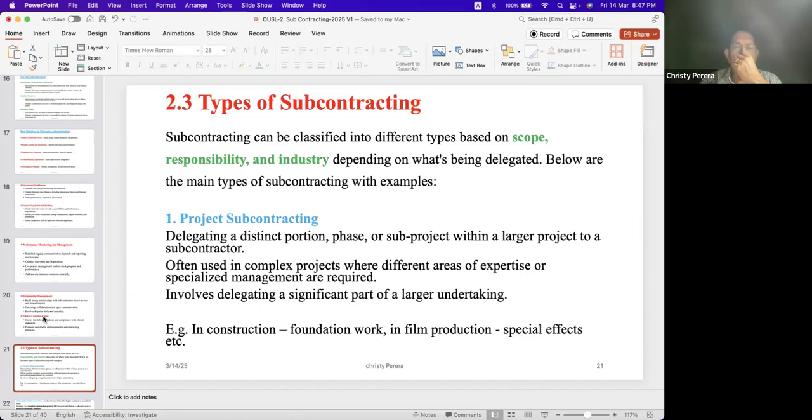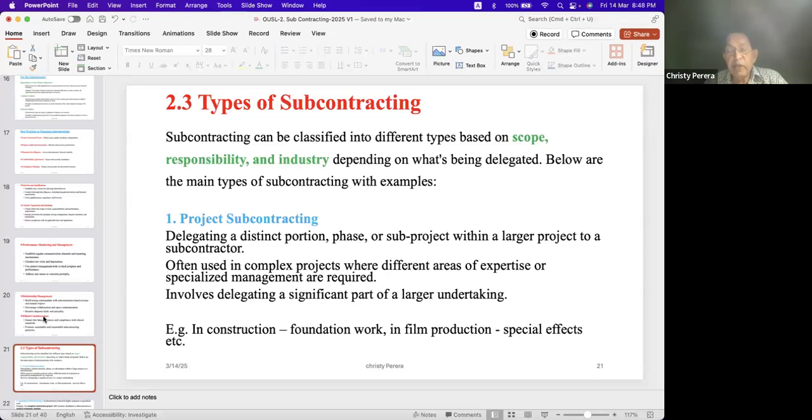Often used in complex projects where different areas of expertise or specialized management are required. Involves delegating a significant part of a large undertaking. For example, in construction, as I told you earlier, maybe foundation work. In film production, maybe special effects in a film.